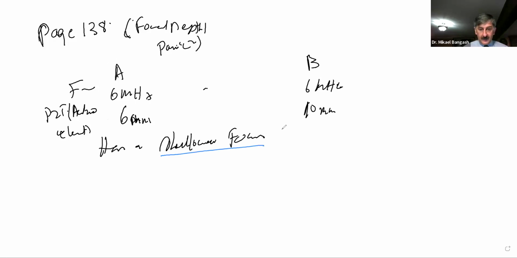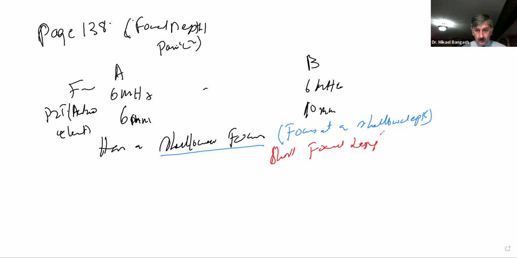You can rephrase that and say it's focus at a shallow depth, or we can say it has a short focal length.